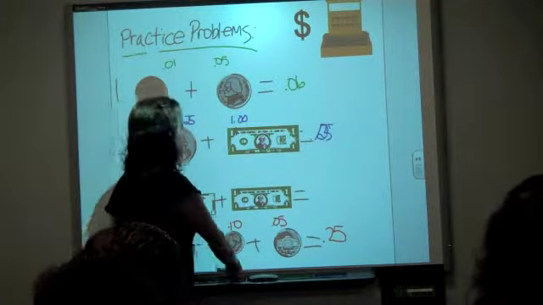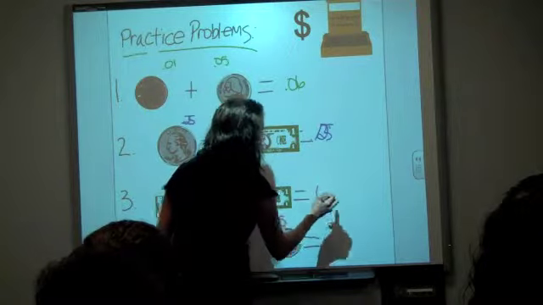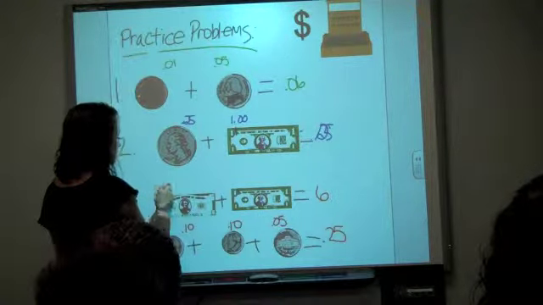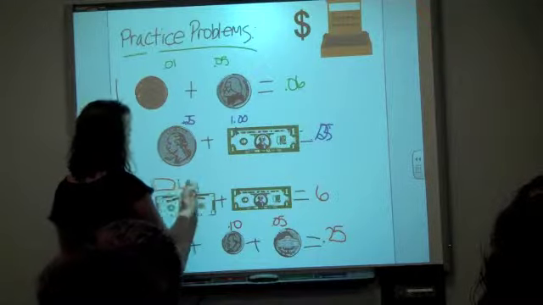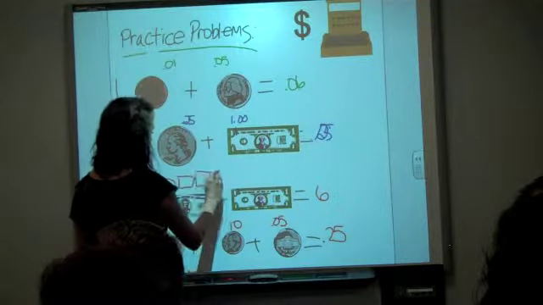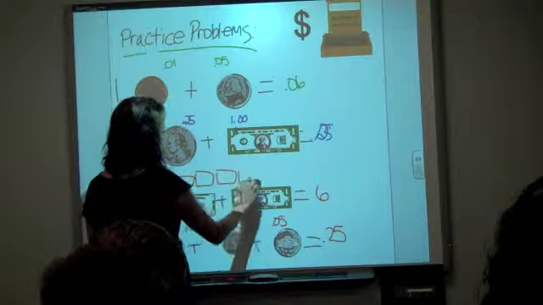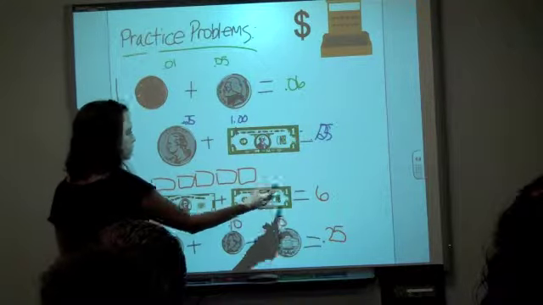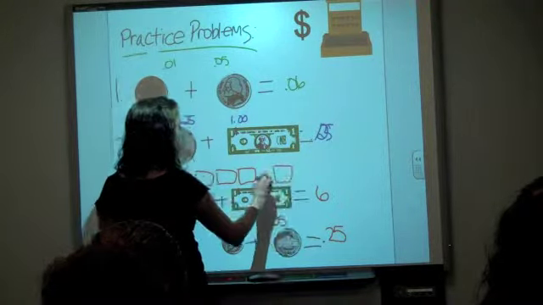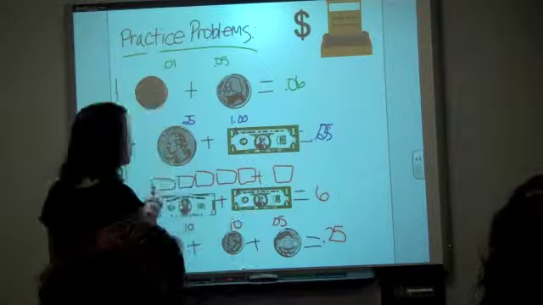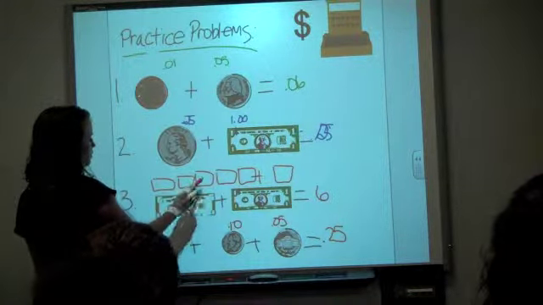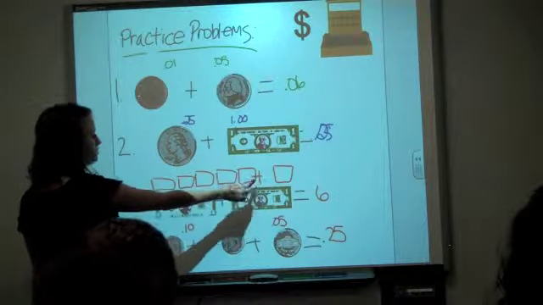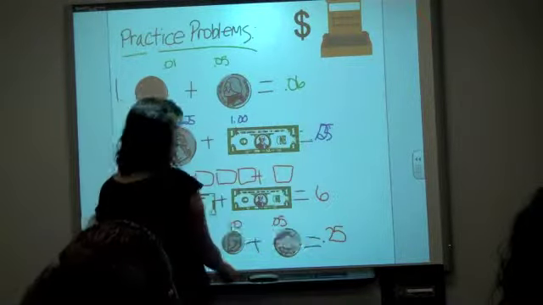Good job! And this is how we figured it out. You have 5 $1 bills, so let's just say all of these are $1 bills. And then we have the real $1 bill. So you just add the boxes up, and that's how much money you have. You have $1, $2, $3, $4, $5, plus $1 equals $6.